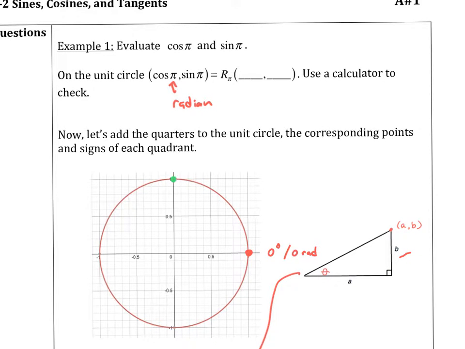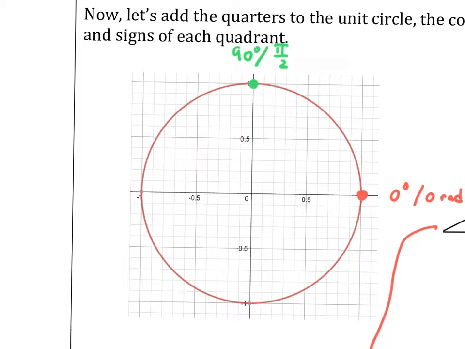This point right here is at 90 degrees, also known as pi over 2 radians. And this point right here represents 180 degrees, which is pi radians. While we're here, let's go ahead and finish up the last one down there. This one here is 270 degrees, 3/4 of a revolution, which is 3 pi over 2.